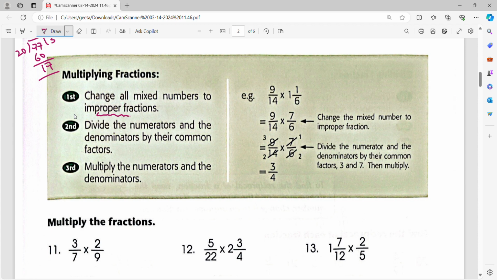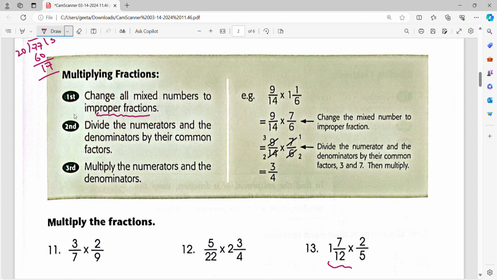Improper is the one which is there in lowest terms. Okay. Mixed number, yeah, this is a mixed number. They are written like this. So you have to change all the mixed numbers into improper fractions.